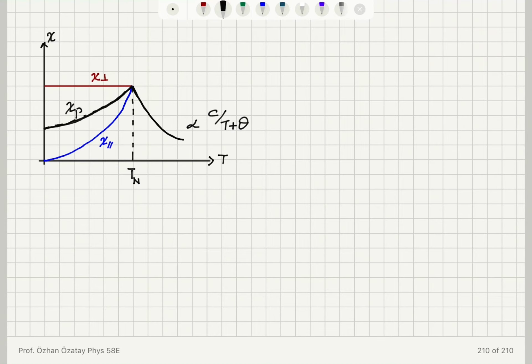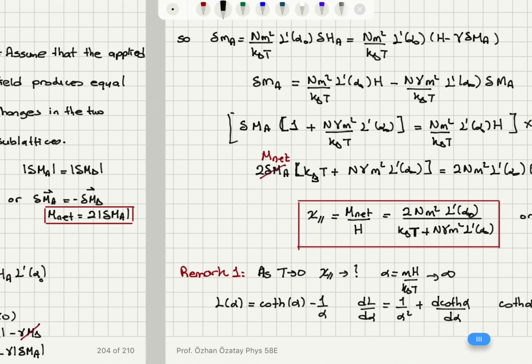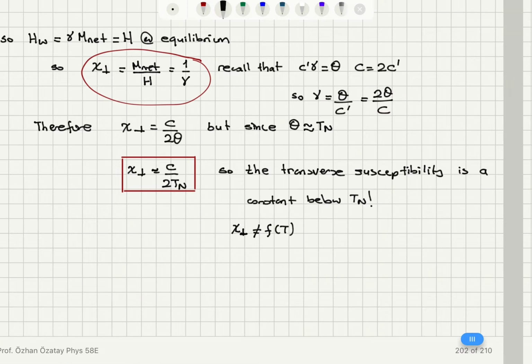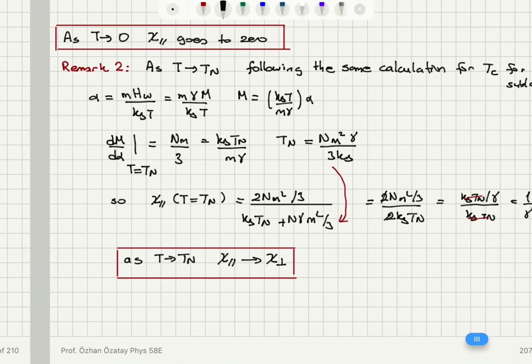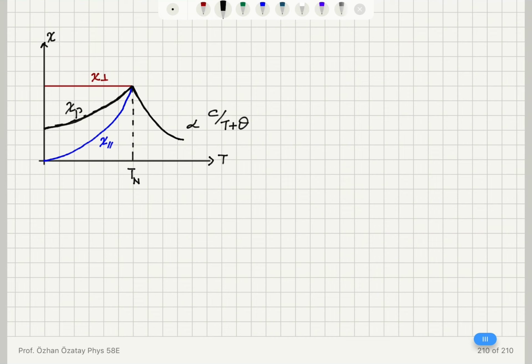If we go back to our calculation for the transverse susceptibility, it was 1 over gamma basically. And the longitudinal susceptibility, on the other hand, we showed to be starting from 0 and approaching the transverse susceptibility at the Néel temperature. So we find that the powder susceptibility is in between, and after the Néel temperature it's obeying the Curie-Weiss law.